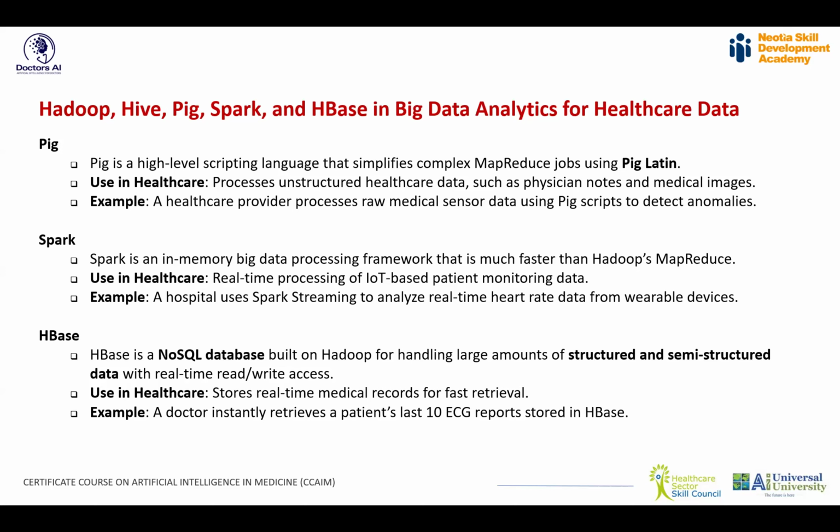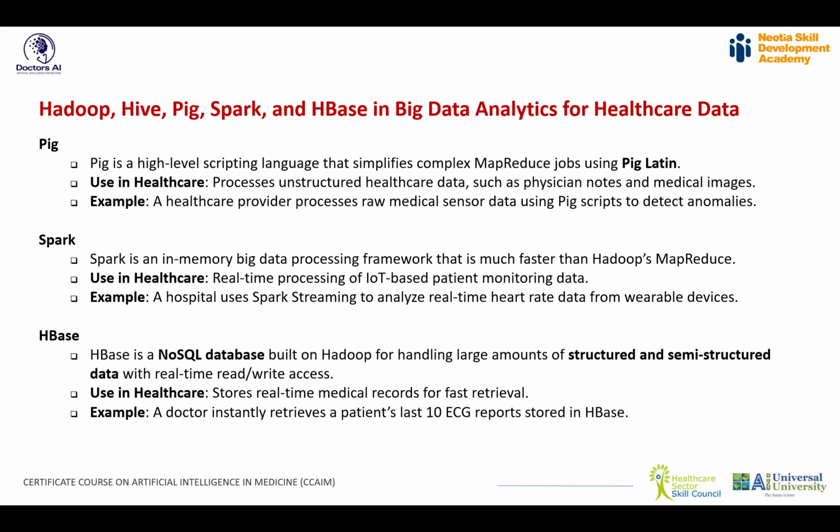Now, these are big data technologies which are applicable to big data related with healthcare.